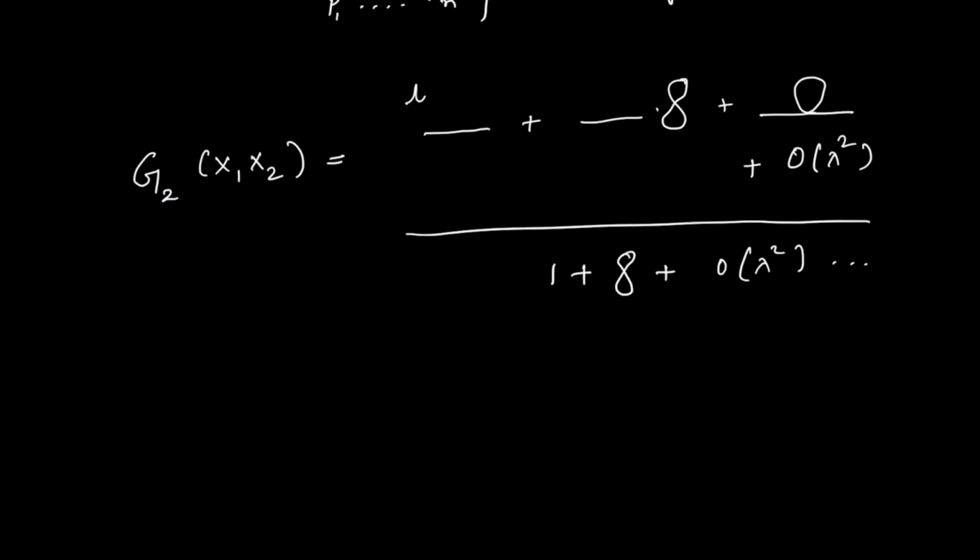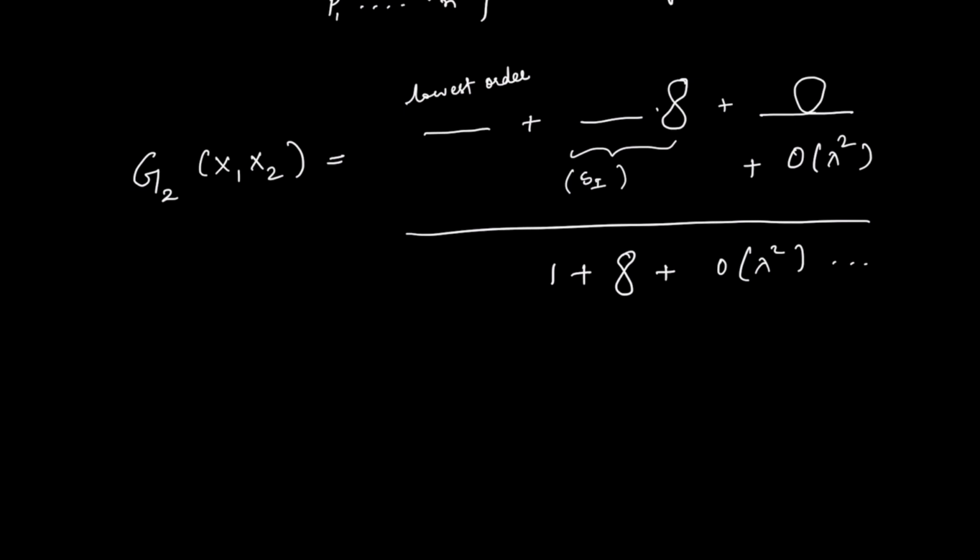So this is the lowest order, and this is when you bring down one interacting action S_I from the exponential term.